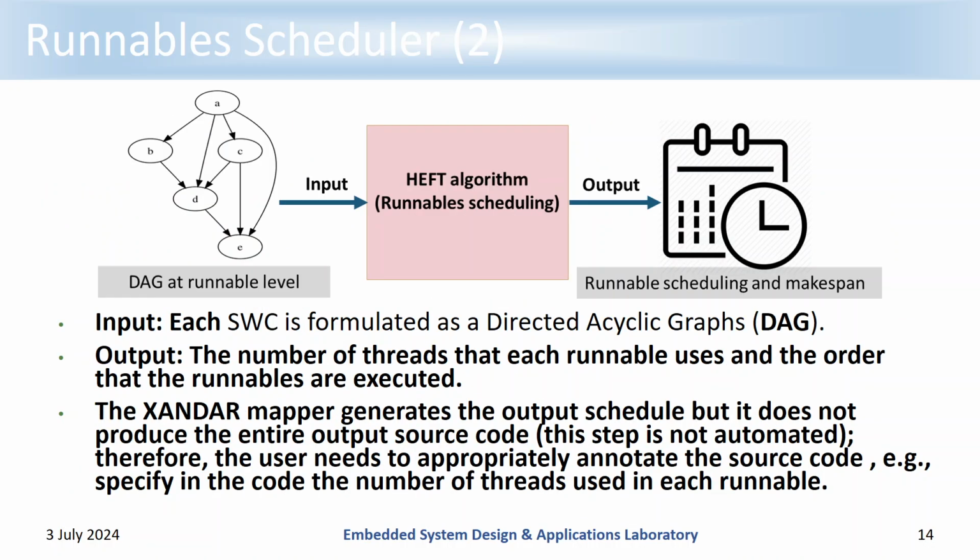The input of the algorithm is each software component, which is formulated as a directed acyclic graph, DAG in short. The output is the number of threads that each runnable uses and the order that the runnables are executed. The Jantar mapper generates the output schedule, but it does not provide the entire output source code because this step is not automated. Therefore, the user needs to appropriately annotate the source code.